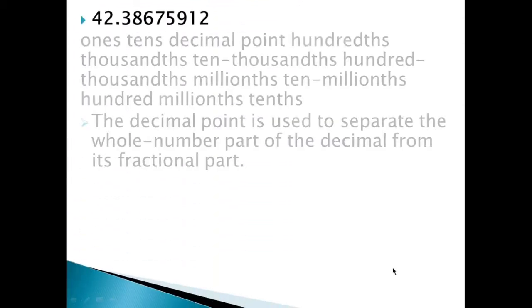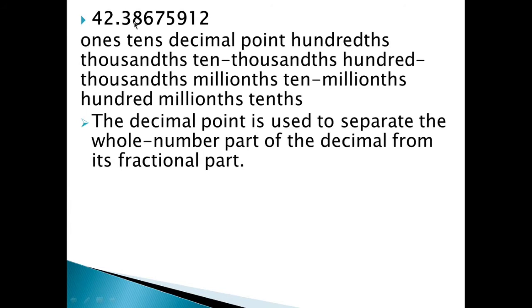Okay, so, ayan. So, 42.38675912. So, paano po ba siya basahin? So, ones, tens, decimal point, hundreds, thousand, tens, thousands, hundred thousands, millions, 10 millions, 100 millions.